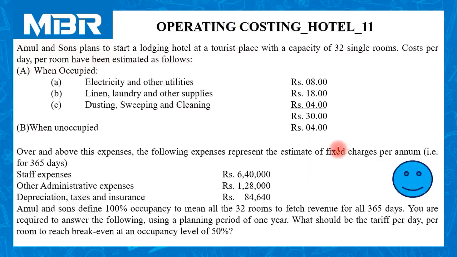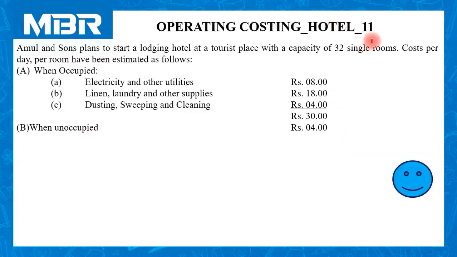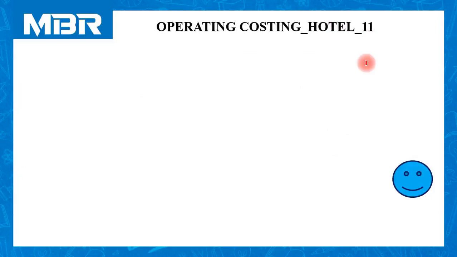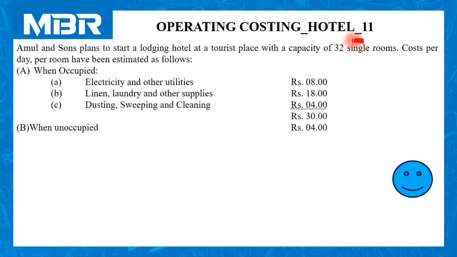Amul and Sons plans to start a lodging hotel at a tourist place with a capacity of 32 single rooms. Cost per day per room has been estimated as follows.